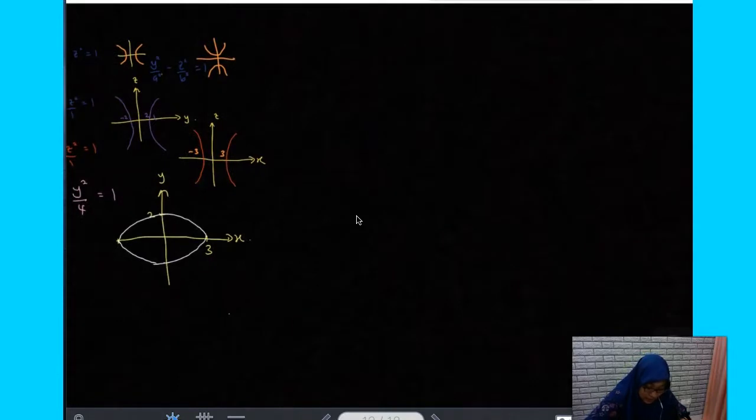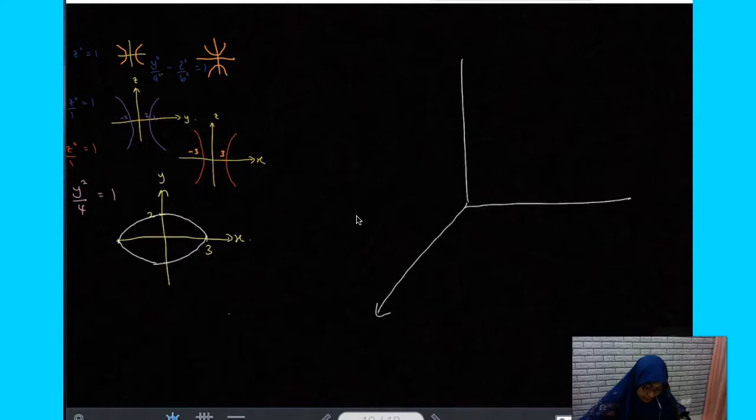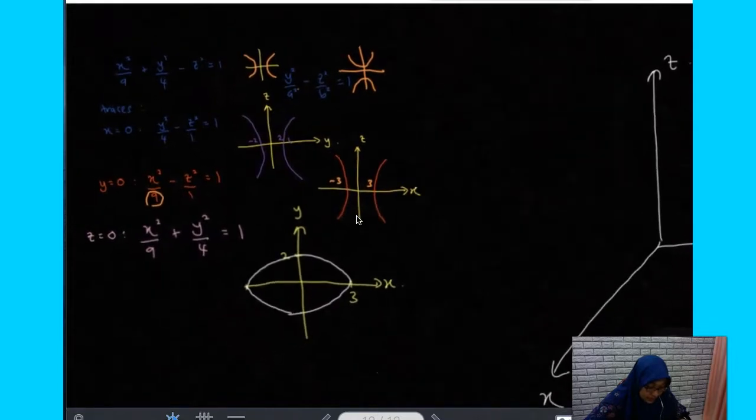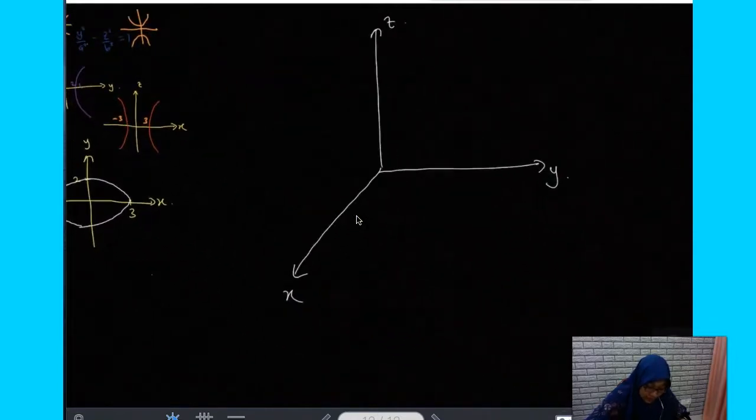Okay, so now what happens if we combine them all together? Let's say I fix the standard orientation. We look at the first trace. So the first trace, when we set x equal to 0, meaning that you are standing over here.